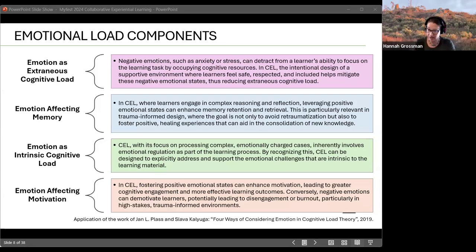Traumatogenic material is material that evokes a trauma response in people. Because humans have an empathy response to other people, when we hear about people in pain and hurting, that can cause a negative emotional response in us.